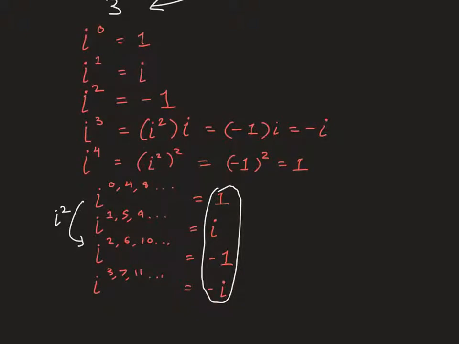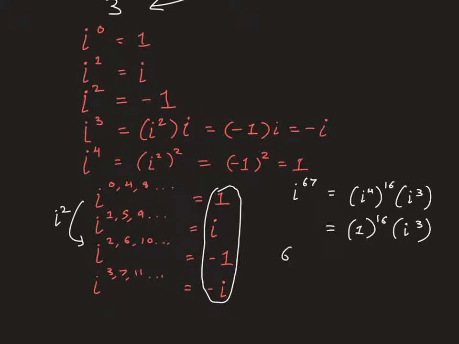So let's try to see what i to the 67 is. That's equal to i to the 4th raised to the power 16 times i cubed. And we know each of those i raised to the power 4 is just 1. So they don't matter.